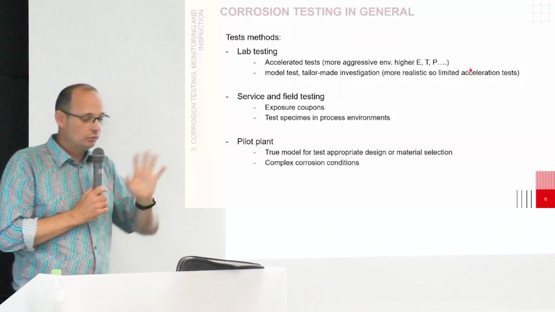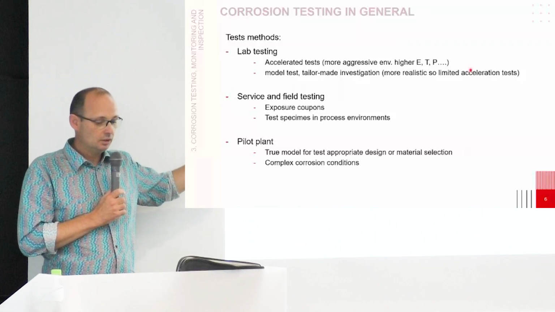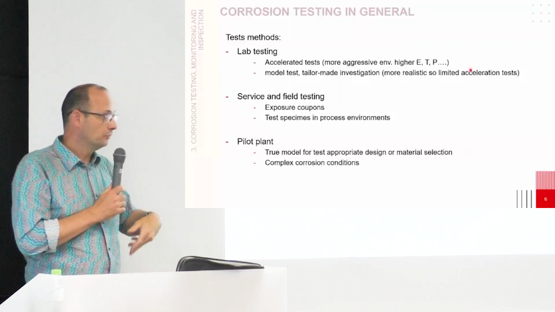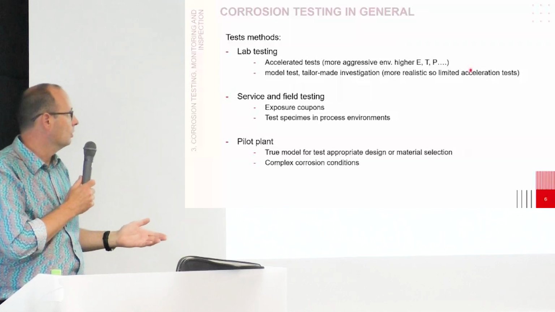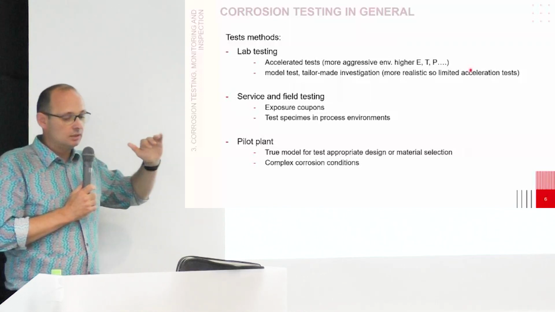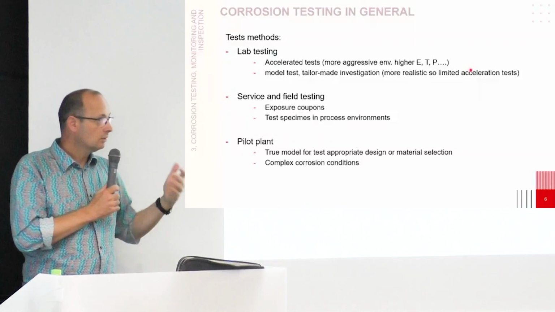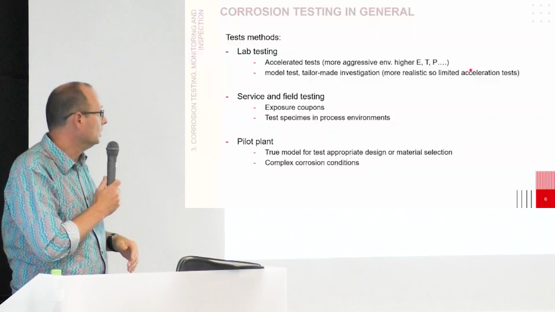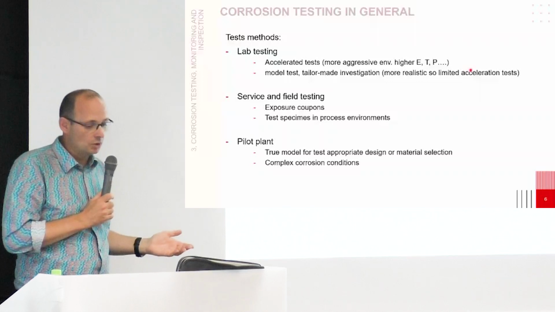If we want to have an overview of test methods, there is lab scale testing. Here, we would like to accelerate tests, try to find model tests, tailor-made investigations, and so on. There are also tests that we apply in service or field testing. Here, there are a lot of ways to do it. Two of them are listed here: exposure coupons, and test specimens in the process environment.